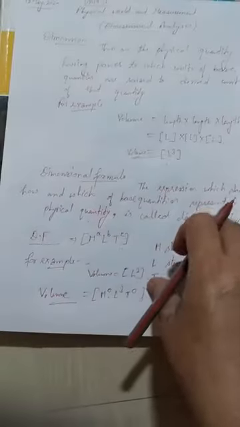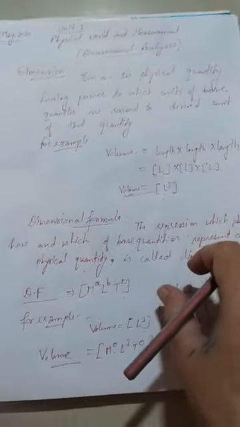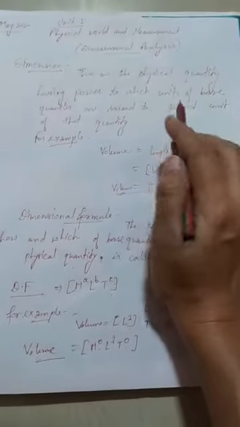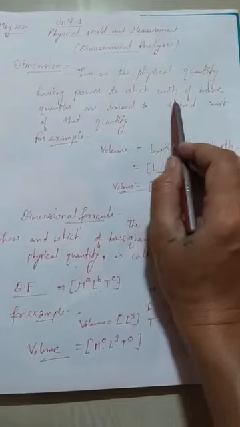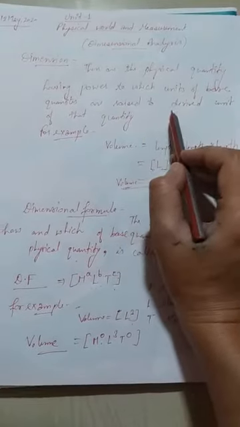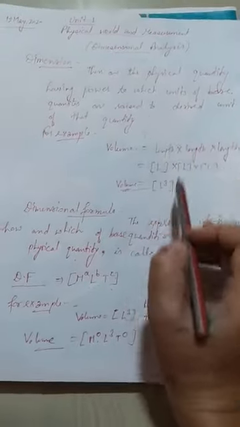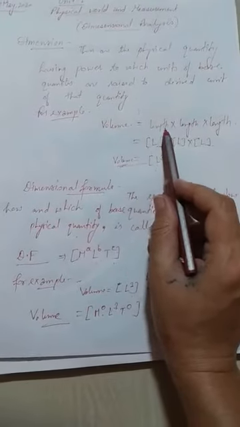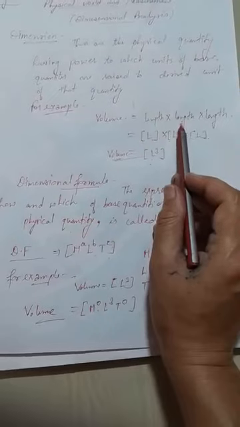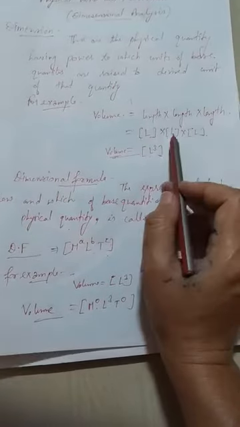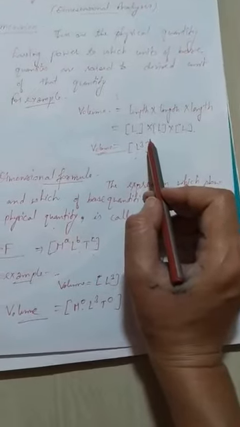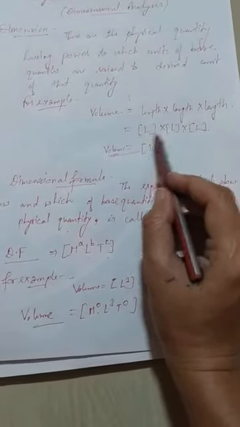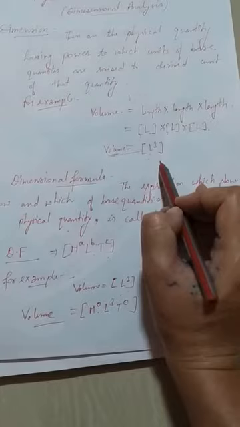Another example we can see. Again I am telling you, dimensions are the powers to which the base quantities are raised to get the derived quantity. For example, volume is length into length into length, and we write it in the form of dimensions in a square bracket, L cubed.